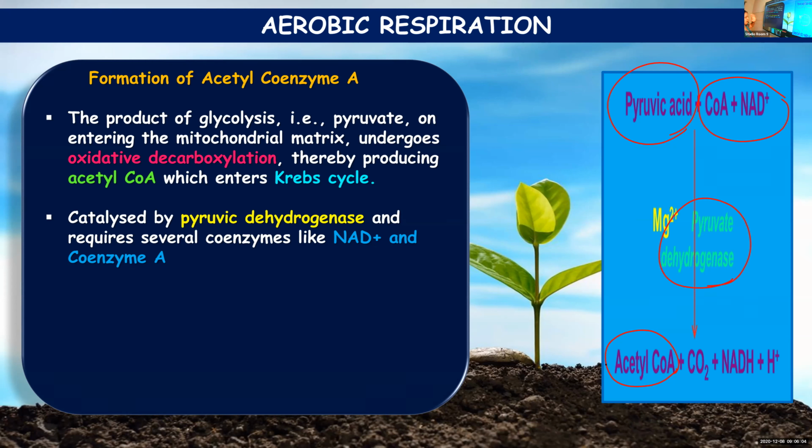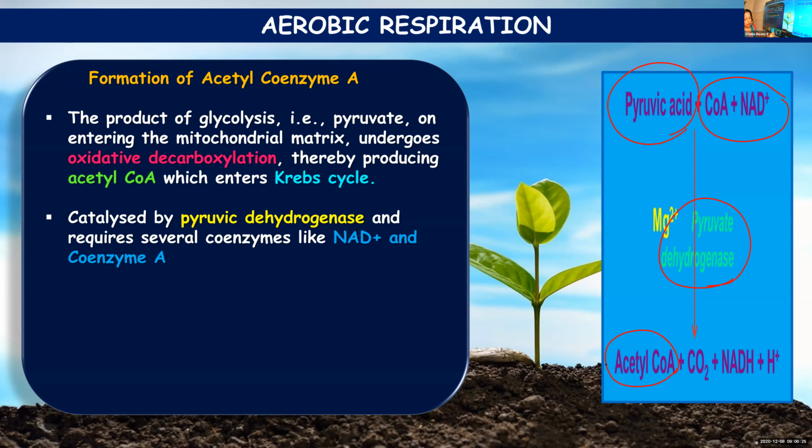Once again, the first step, once the pyruvic acid molecule has reached the mitochondrial matrix, is its conversion into acetyl coenzyme A. What do you call the process by which it is getting converted to acetyl coenzyme A? Oxidative decarboxylation.